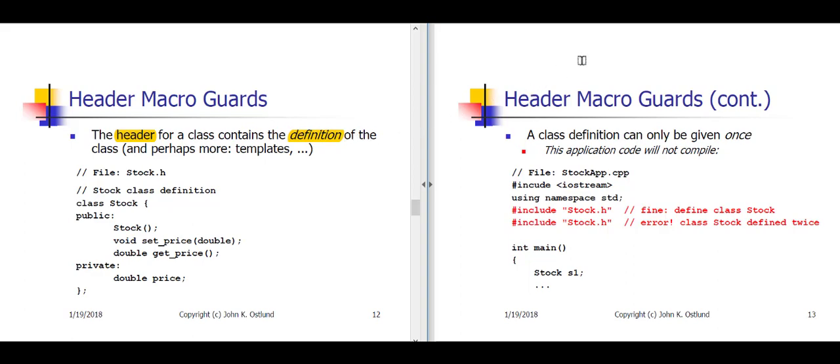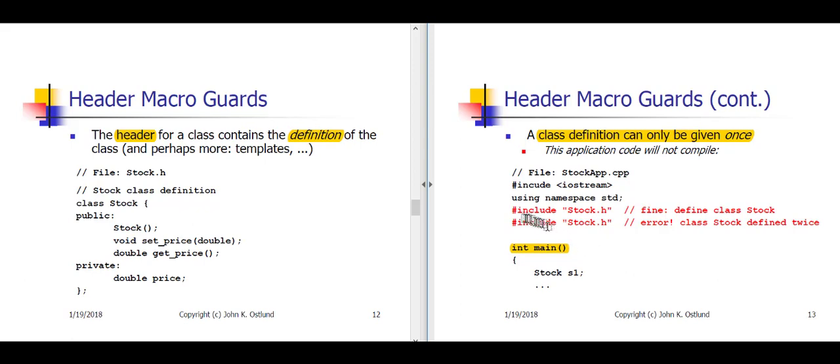Now, in an application, you're only allowed to define a class that you want to use one time. Here on slide 13, we have an application, that is, we have a main function that wants to be able to declare and use Stock objects. We have Stock S1 here in main.